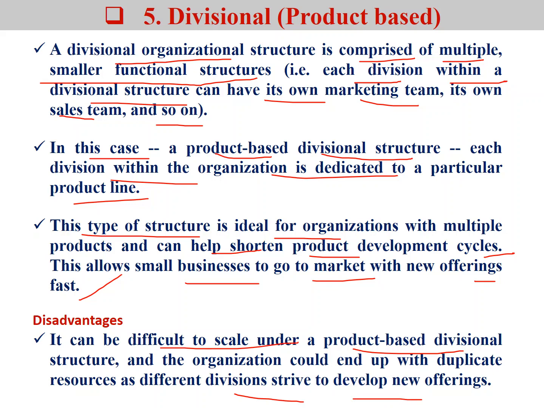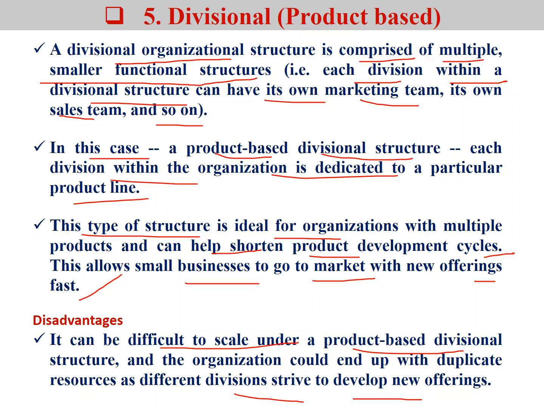These are the disadvantages. It is costly, and more managerial resources are required. There is a lack of specialization, overlapping of functions, it is difficult to control, and a self-centered team for that division will be there. There is no coordination between these two divisions because they are working on their own products.